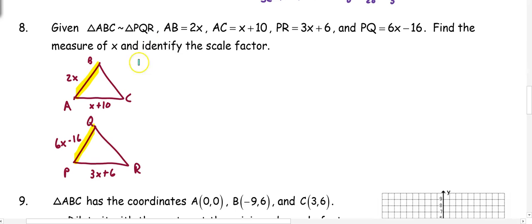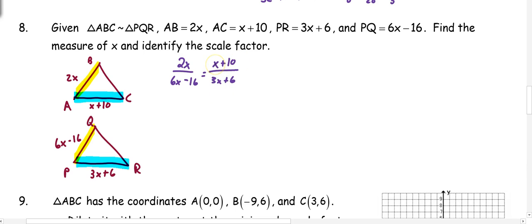And I know that AC matches up with PR because they're the first and last letter of the triangle. So now we can set up a proportion. I'm going to have 2x over 6x minus 16 is equal to x plus 10 over 3x plus 6.